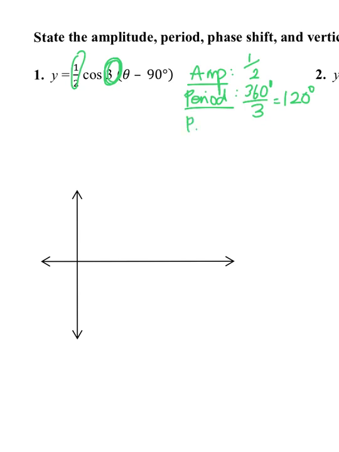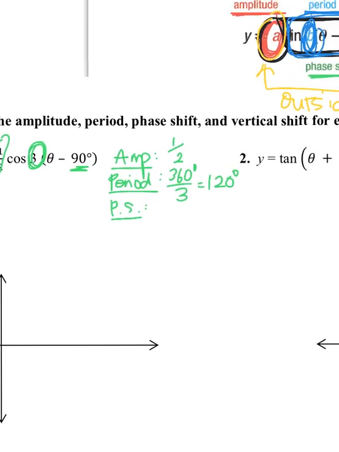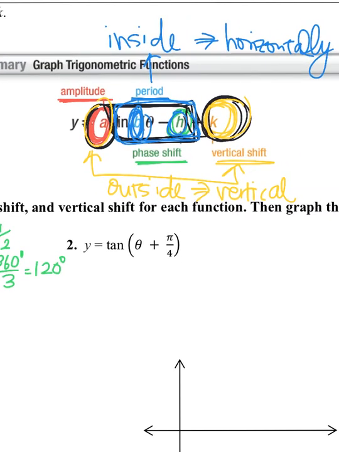All right, phase shift, and I'm going to just abbreviate that PS, is what's being added or subtracted inside the function. So we see that 90 degrees. Now notice in the general formula here, it's a minus sign inside.